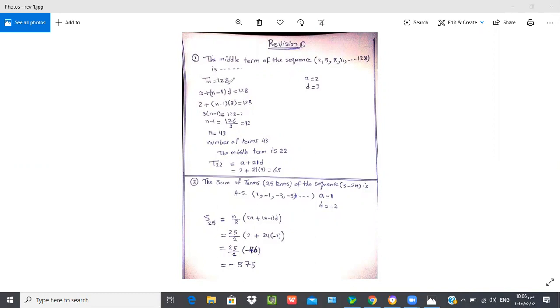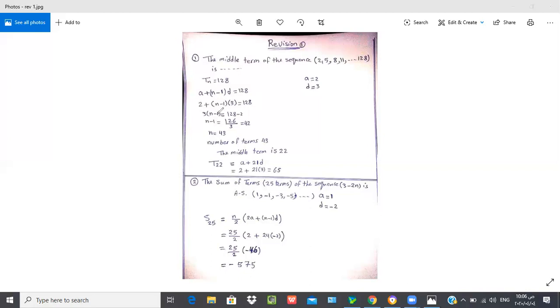The last term Tn equals 128. So you know the rule here, a plus (n minus 1)d equals 128. I have a equals 2 and d equals 3. I will substitute: 2 plus (n minus 1) multiplied by 3 equals 128.